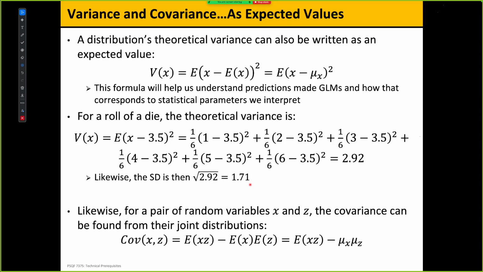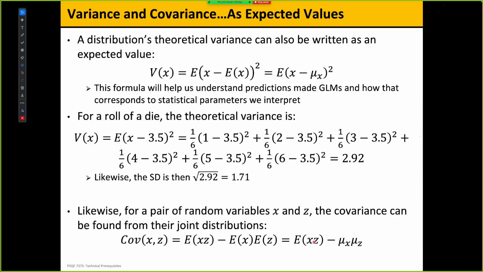And then finally, if you have two variables, you can define the covariance between them as another expectation. Sound good? Right? So the covariance is the expectation of x times z minus the expectation of x times the expectation of z. And we know the latter two are the mean of x, the mean of z sometimes.